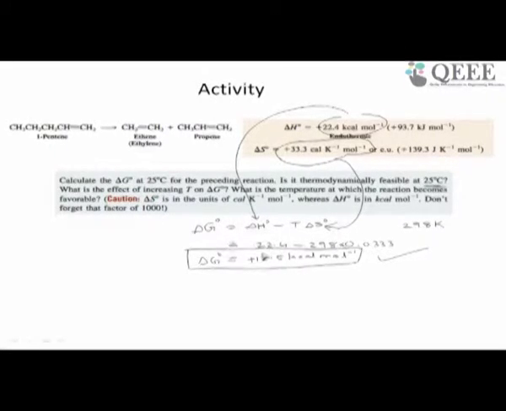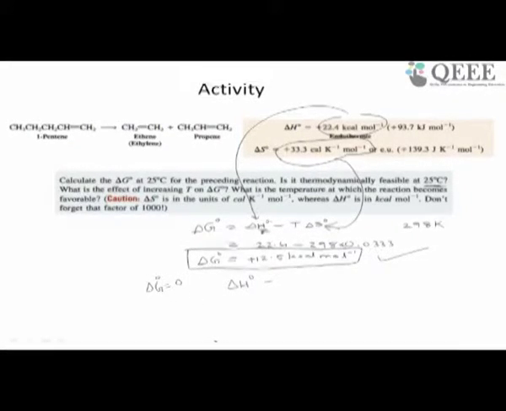To begin with, let's think that this reaction occurs at equilibrium or a crossover point at which both of them are the same. In other words, we want to find the temperature at which both these contribute equally, which means we want to find when delta G equals 0.